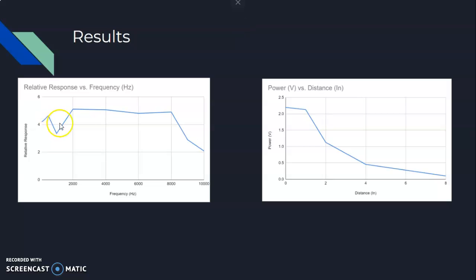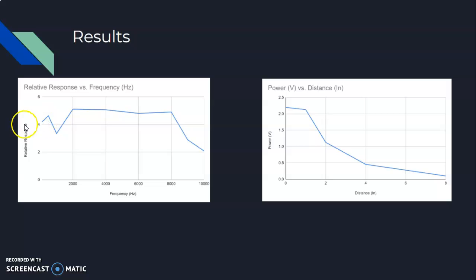But what's interesting here is that initially, as frequency increases, so does the power picked up. At first this didn't make a whole lot of sense. But now that I've thought about it, just like our ears, a microphone has a certain frequency of sounds that it's going to pick up best.